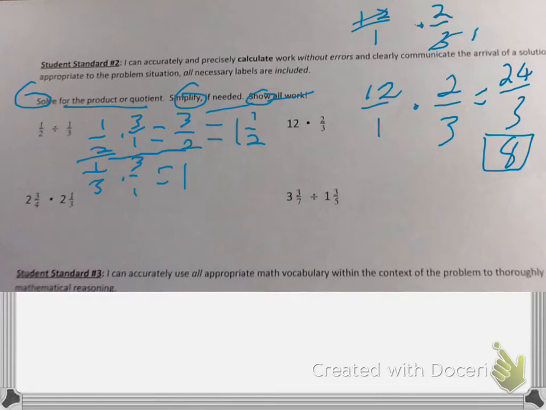So 3 divided by 3 is 1, and 12 divided by 3 is 4, so I can change those right away. So 4 times 2 is 8, and then now you just have 8/1. So 2 ways to solve that problem. Both are good. Make sure you have the way that works well for you.